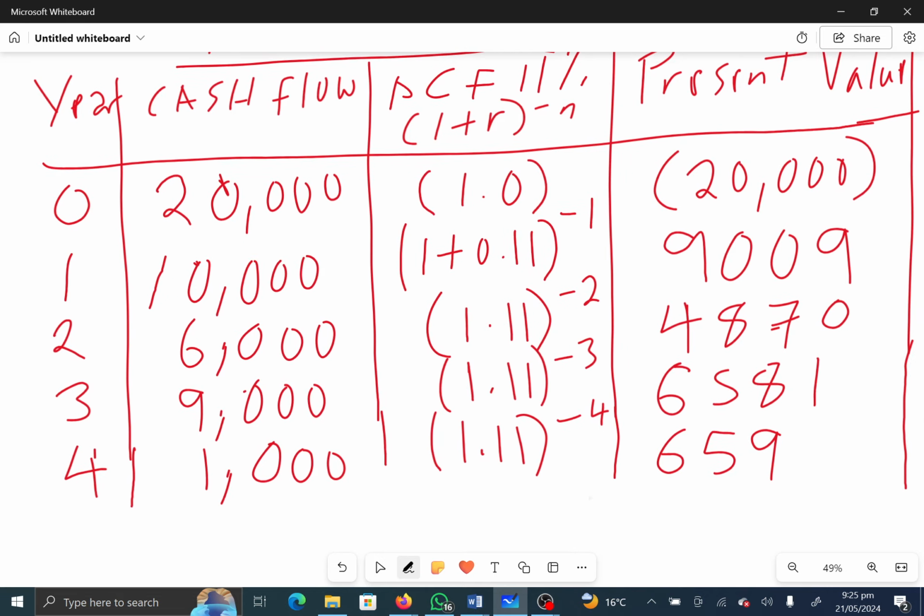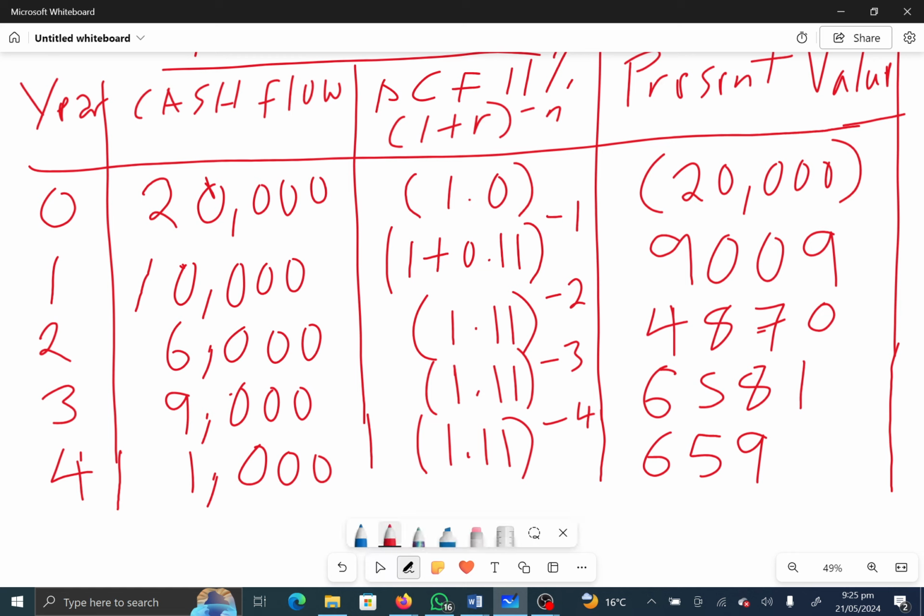So now we total these present values. Since the invested money, the cash outflow, was the 20,000, we say it's negative.